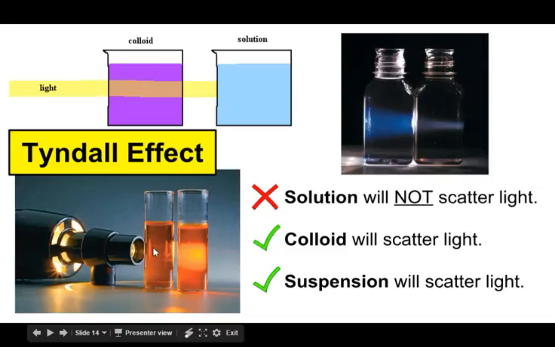Here again, solution, not scattered, colloid, scattered. So a solution will not scatter light. A colloid will scatter light, and a suspension will scatter light. Colloids and suspension scatter light. This is called Tyndall effect.